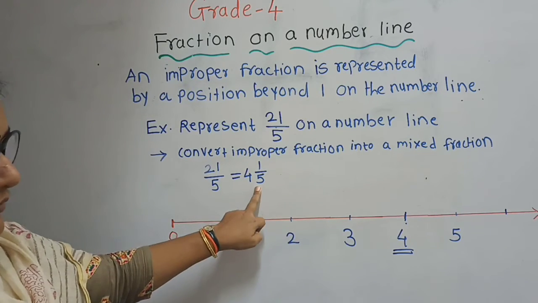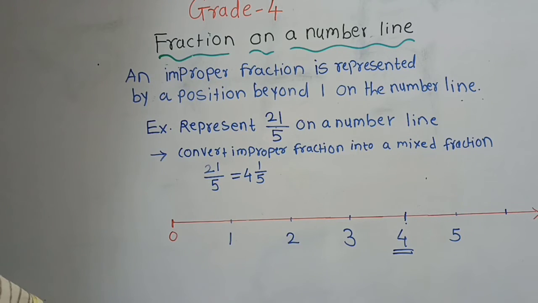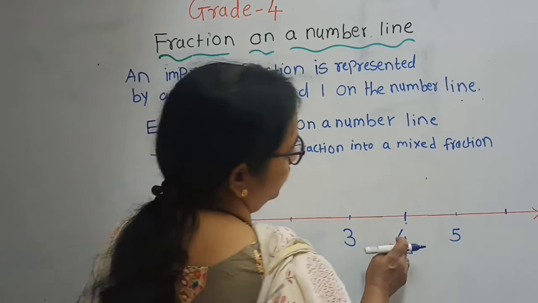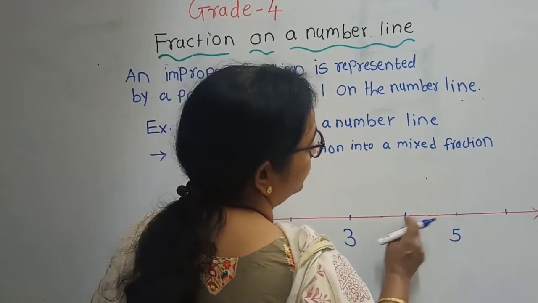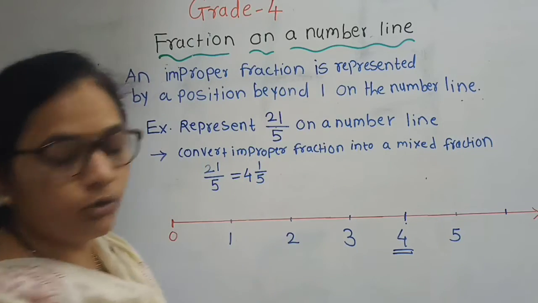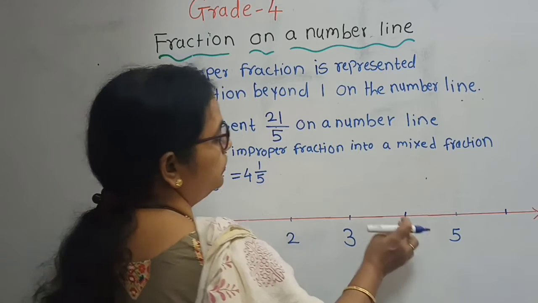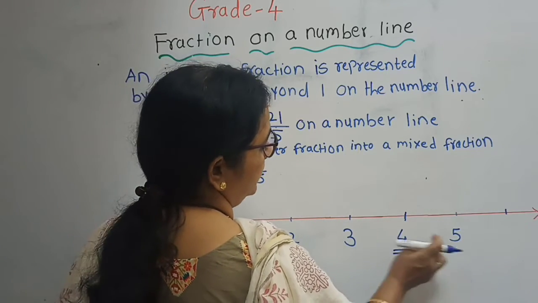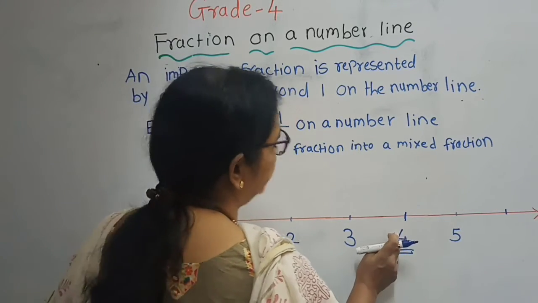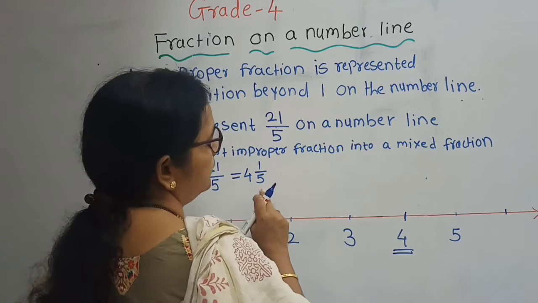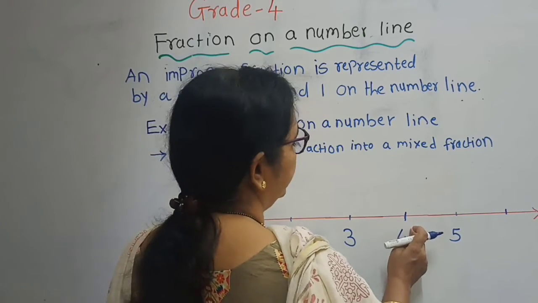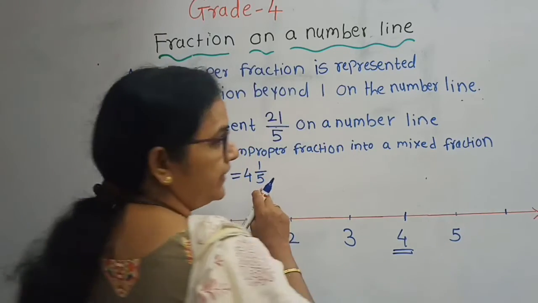Then divide the whole, between 4 and 5. How many parts? We have to divide into 5 parts. 4 is whole, and then we have to show this fraction 1 upon 5. So we have to divide this 4 to 5 in 5 parts.